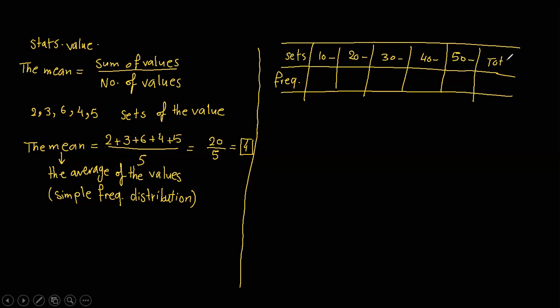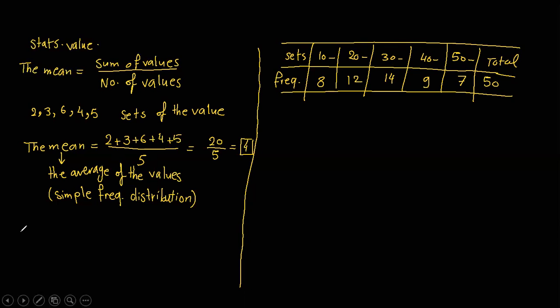And the total of frequencies 8, 12, 14, 9, 7, the total will be 50. Then we have the sets 10 to 20, 20 to 30, 30 to 40, and so on.